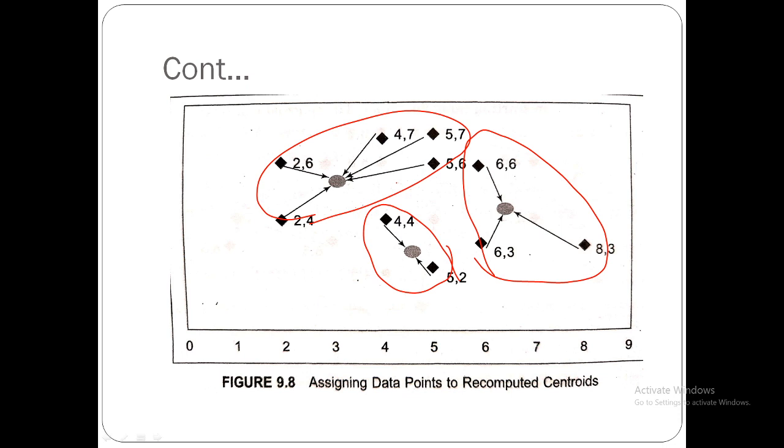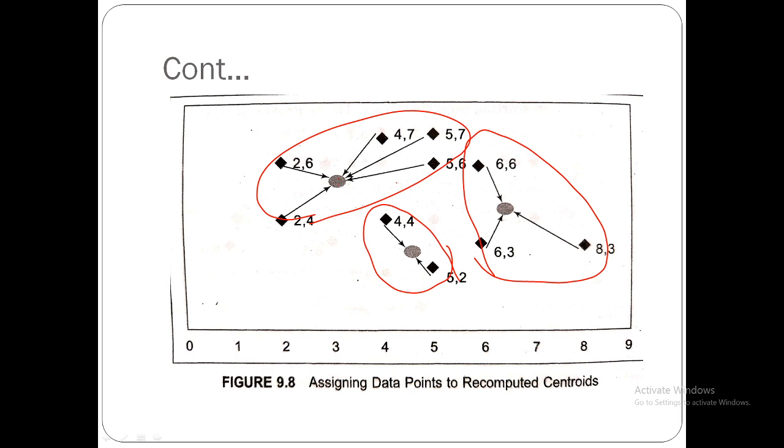A new centroid will be computed from the data points in the cluster, until finally the centroids stabilize in their location. Once again we have to check whether the centroid is stabilized or not. Once again you have to calculate the centroid from all these data points. From these 2 data points, find the centroid.